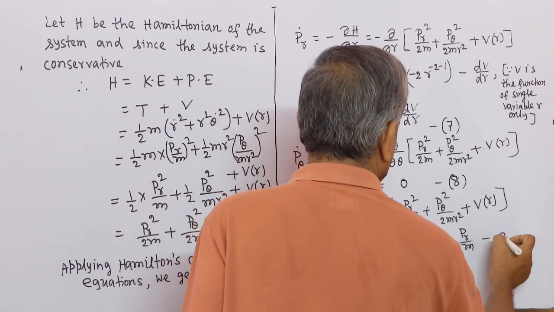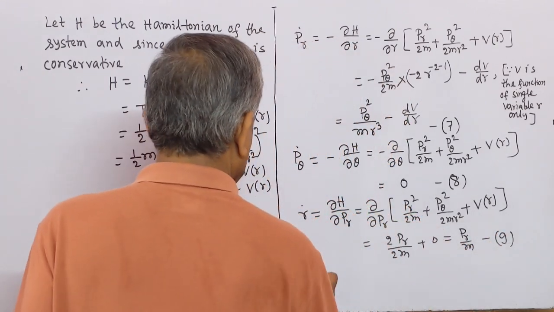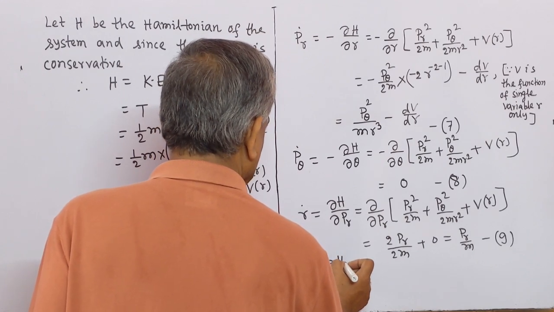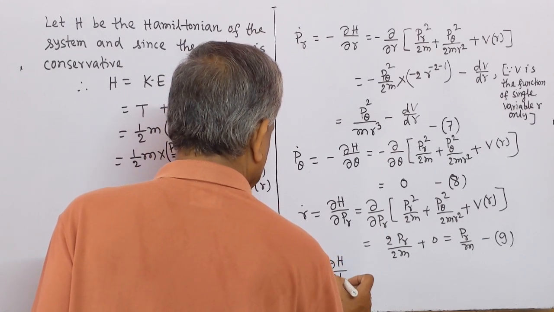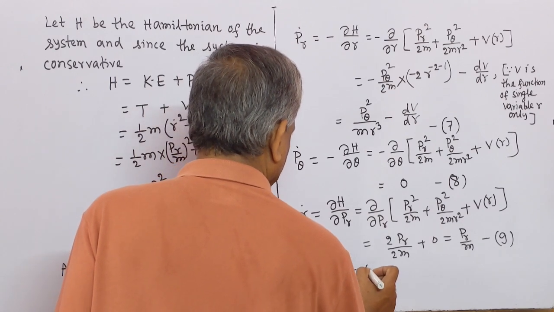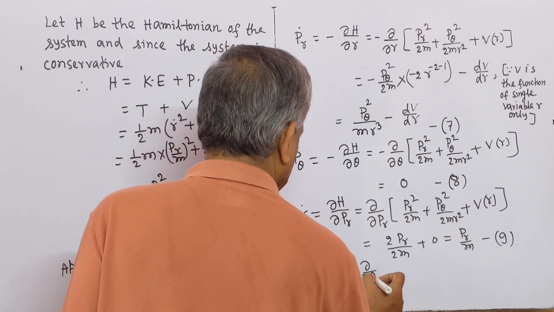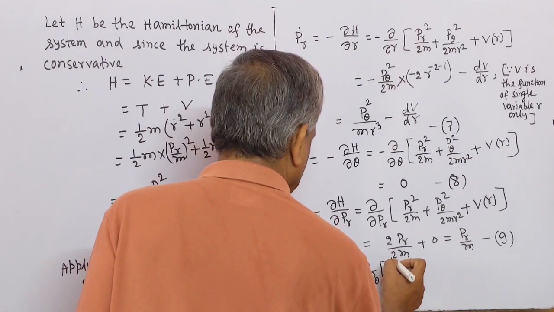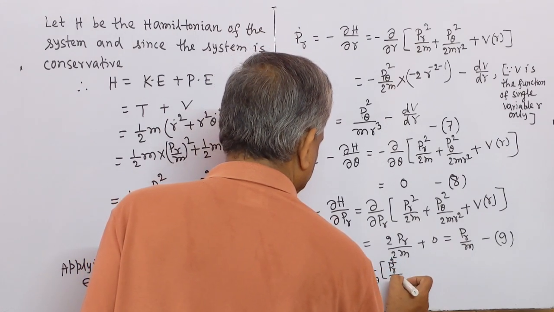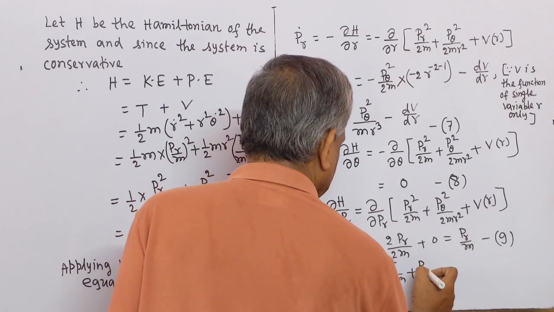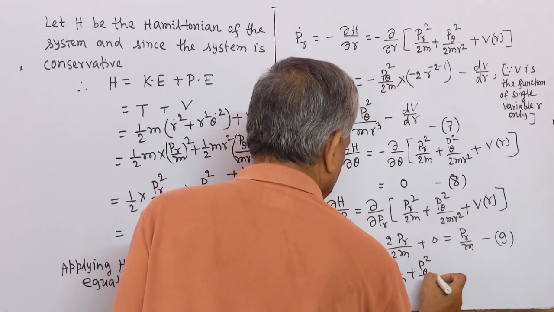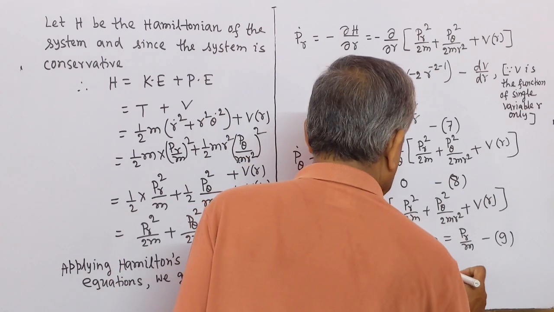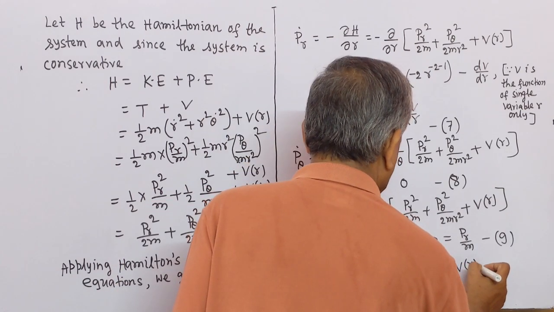This is number 9. Theta dot equal to partial derivative of H with respect to P theta. H is Pr square by 2m plus P theta square by 2m r square plus V, the function of r, potential energy.